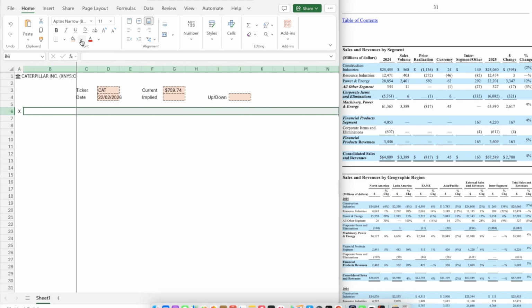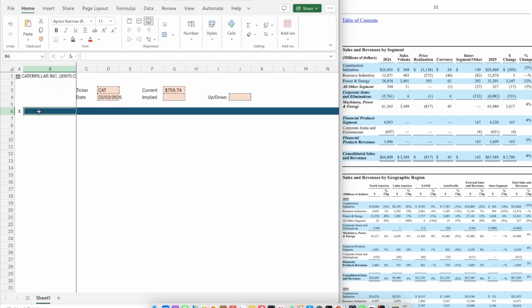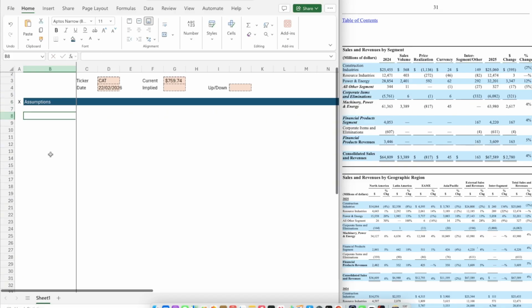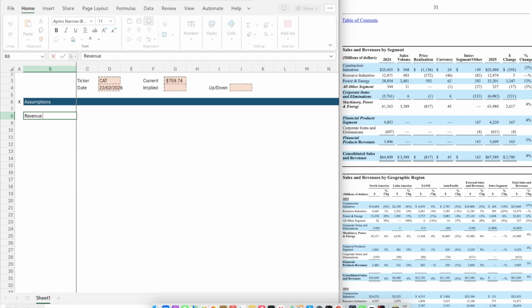Just highlight to about N. Fill this with the navy blue. Font color here needs to be white. Assumptions. We want to go revenue segments.